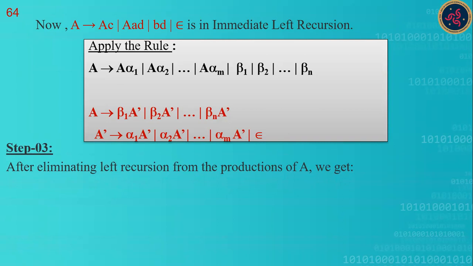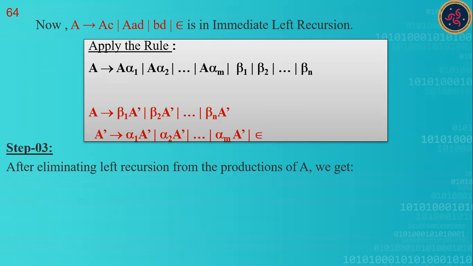Just apply this rule: A gives beta 1 A prime. Here beta is B D. Then A prime is a new non-terminal that has to be created. So A gives, instead of beta 1, we have B, so A is B D A prime, or then epsilon is also a beta.